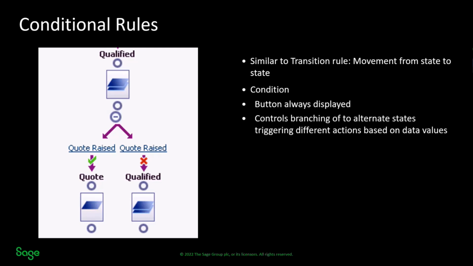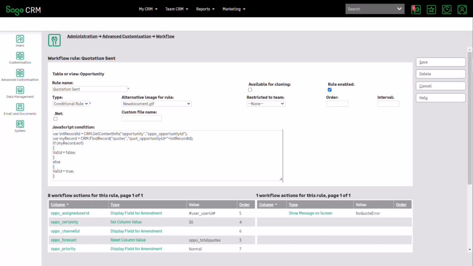A user is presented with a button saying quote raised, but if the quote has not been raised, so the condition evaluates to false, you're reverted back to the qualified stage with some messages on the screen. But if you have done everything that you need to do, you press the button and it flows through nicely. We can see that example here.